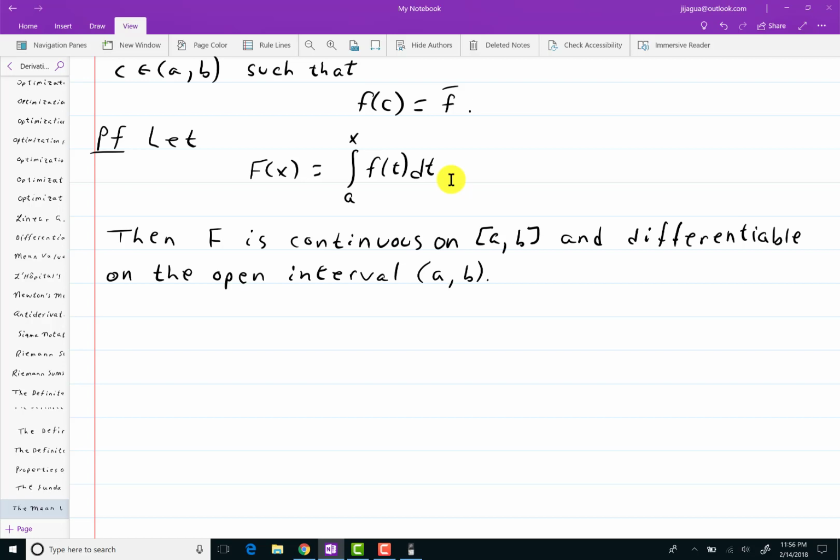Well, I don't know if you remember the mean value theorem. Well, I'll tell you what, this is what you need. The regular mean value theorem for derivatives. You need the function you're going to deal with to be continuous on the closed interval and differentiable on the open interval.